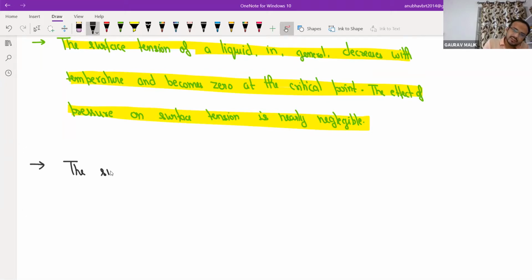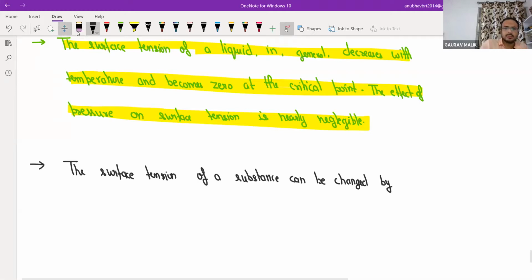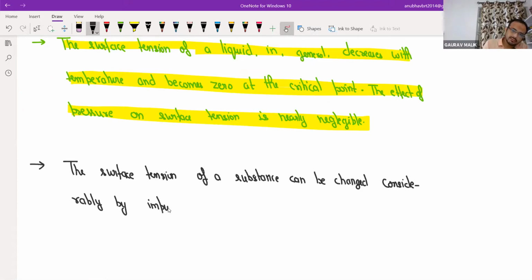So the surface tension of a substance can be changed considerably by impurities.